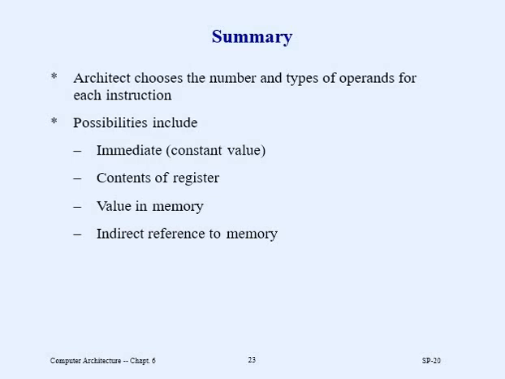In implicit operand encoding, everything is already fixed, and we just need to select one out of one in the set. But in explicit operand encoding, we have the flexibility. We, meaning the computer architect, have the flexibility to choose and specify the type and the values ourselves.